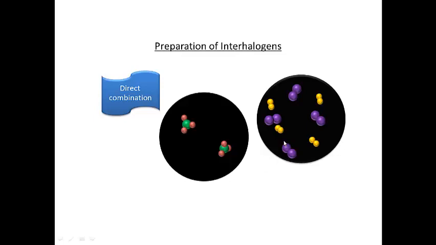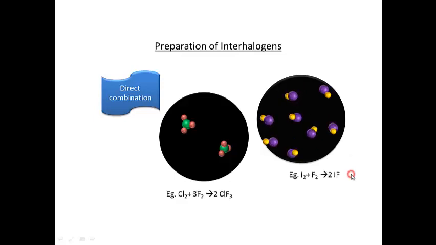And when we have equal proportion, that means the number of halogens are equal, they will form AX type of interhalogen. For example, Cl2 and 3F2 will give us 2 ClF3 molecules, and in equal proportion, I2 and F2 will give us 2 IF molecules. This is known as chlorine trifluoride, and here it is iodine fluoride.